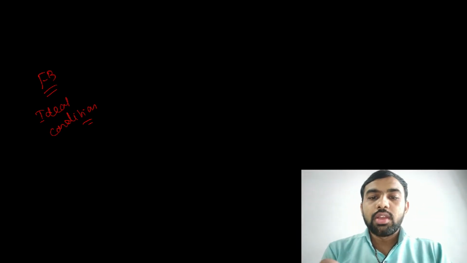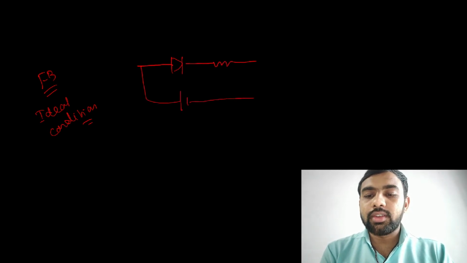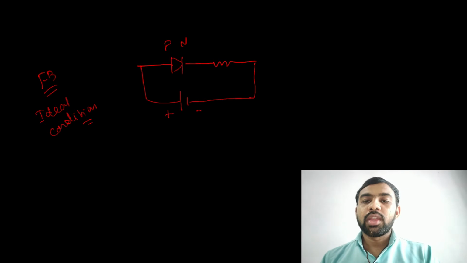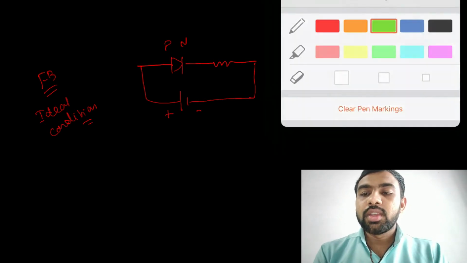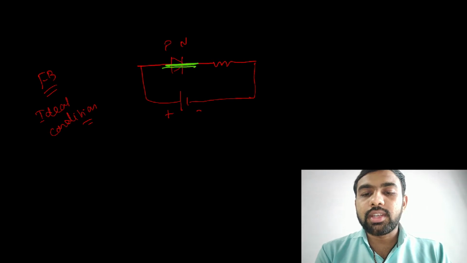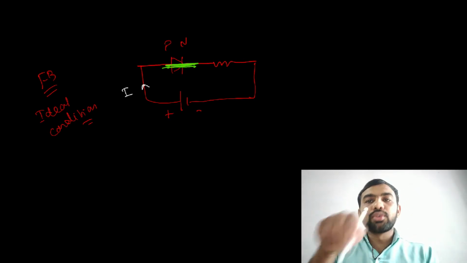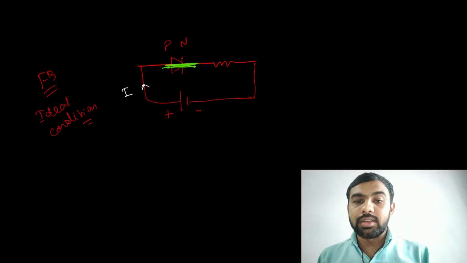If the diode is connected in a circuit in forward bias, P is connected to positive and N is connected to negative. Then the diode behaves like a conducting wire, so we just place a conducting wire here. The diode allows current through it when it is in forward bias ideal condition.